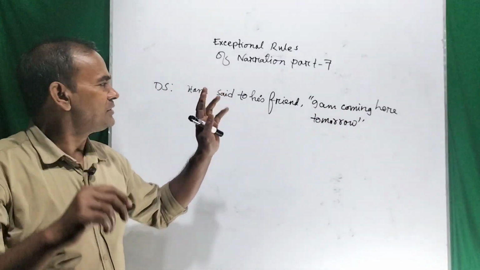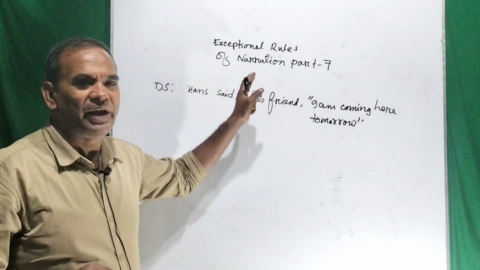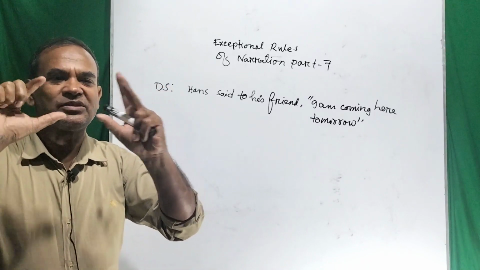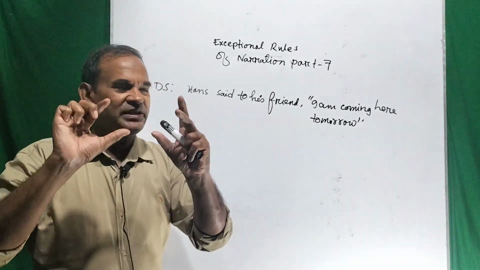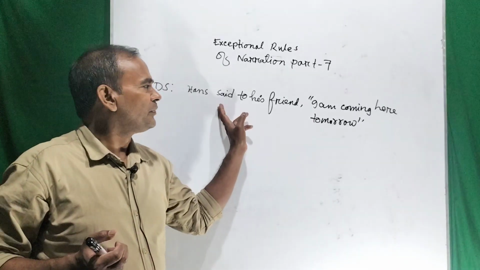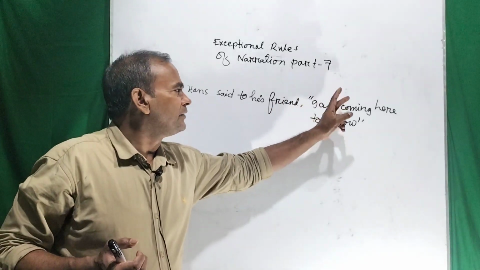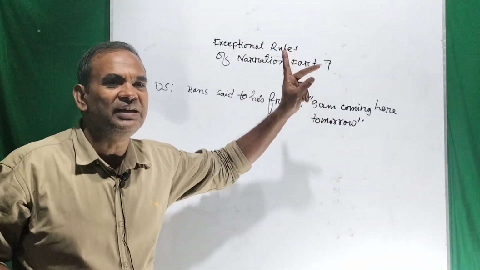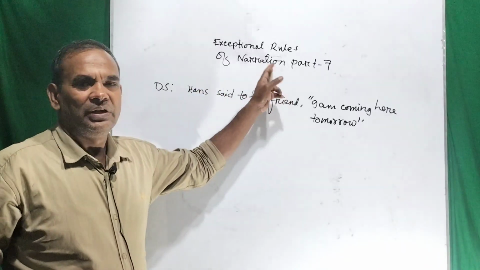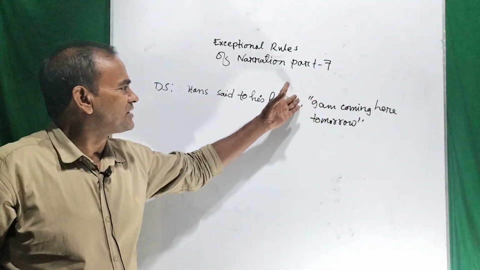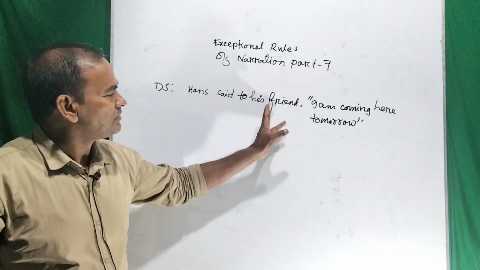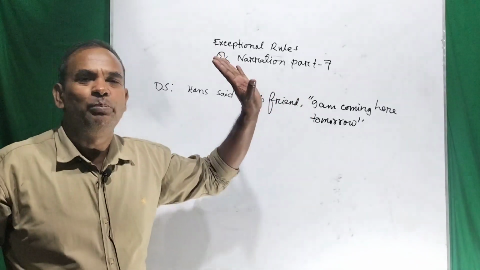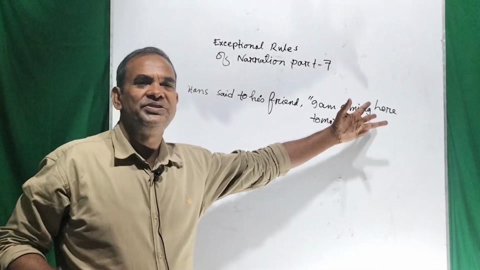That means, suppose Hans said to his friend at a station or at a bus stop or at a school or at a university, etc., and he said that he is coming here tomorrow. That means "here" is indirectly expressed by that place. That "here" refers to some indirect place. So this "here" is also changeable into "there".